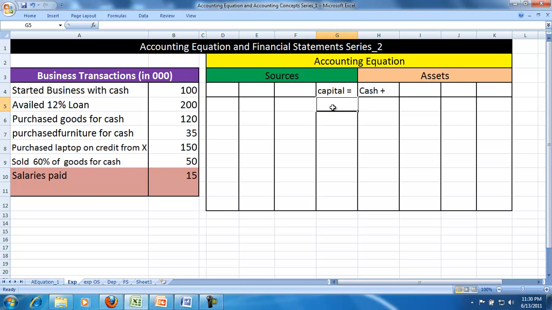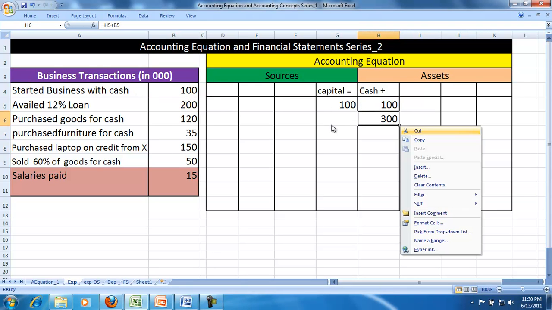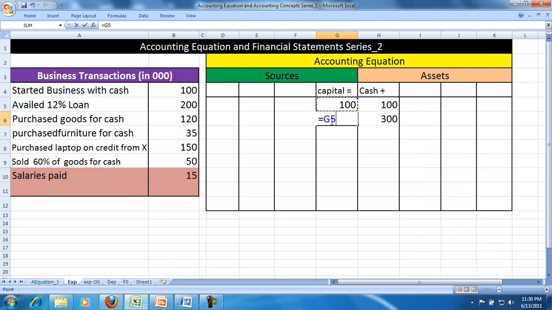The business started with capital 100, which is there as cash. Then they took a loan, so therefore cash goes up. Once again, to recap, no change in the capital, and the loan is the other source, so loan comes here.